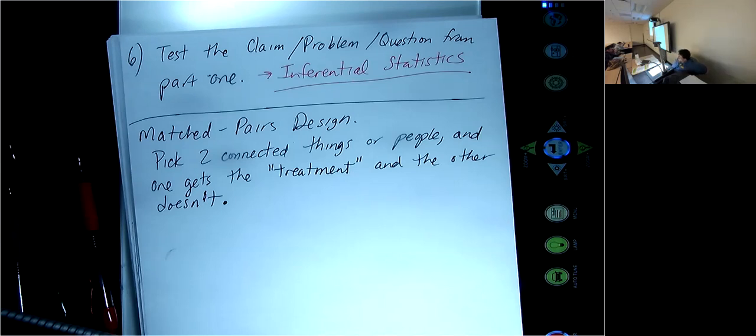Twins work well for this. Siblings tend to work well for this. Married couples tend to have enough in common that you can survey them.